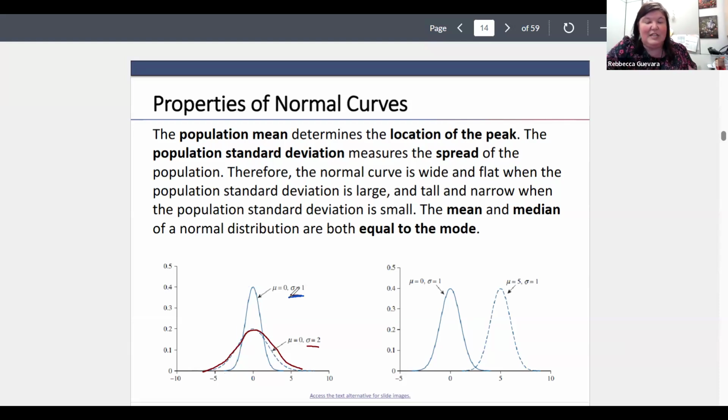They are supposed to represent the same amount of area. It's like you're taking the same amount of area and you're just squishing things down. And if it squishes down, then it moves out. Or if you pull it out like this, then it has to get shorter. The mean and median of the normal distribution are both equal to the mode.